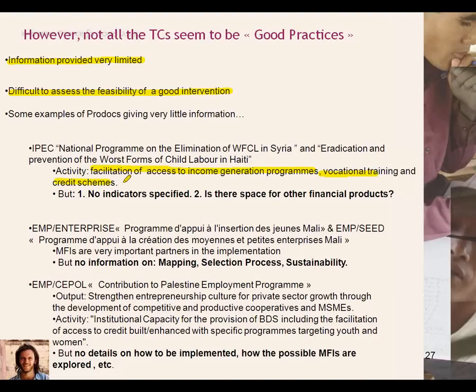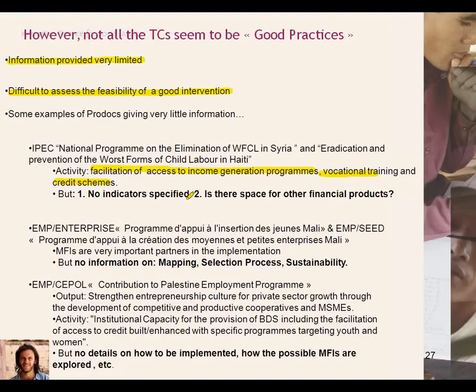Now, which was the problem for me? First of all, that there were no indicators specified in the product of how we will assure that the facilitation of access to income generation programs would be done, and especially that it was assumed that the access to credit would generate a positive impact on their lives.